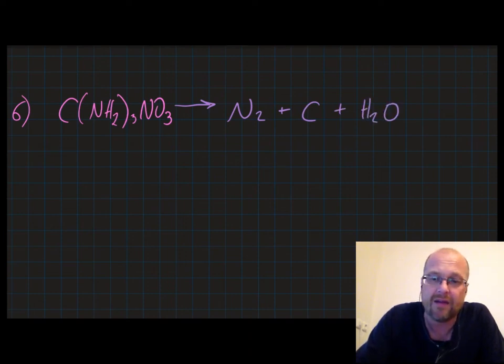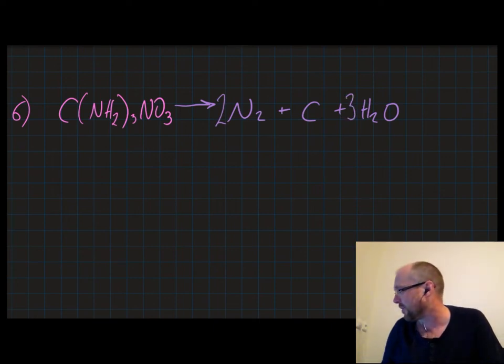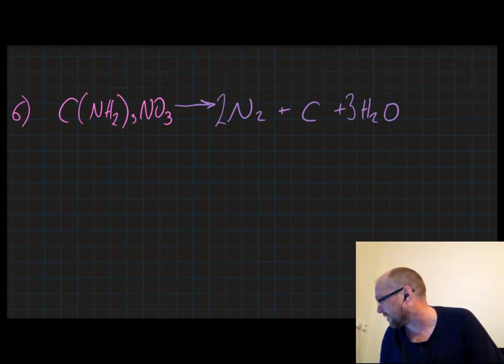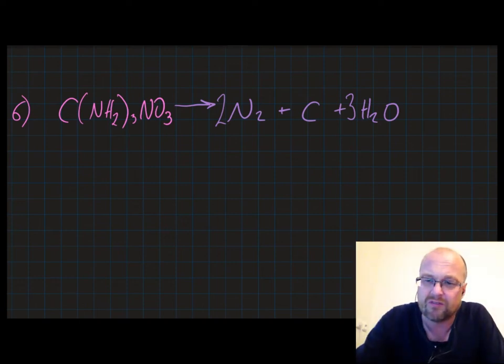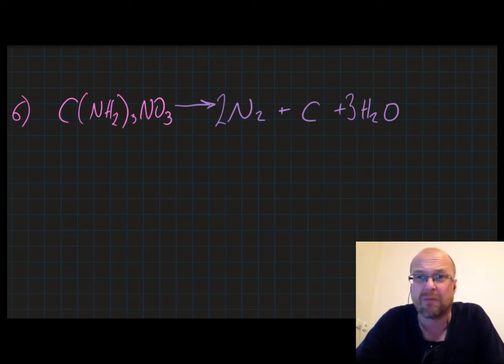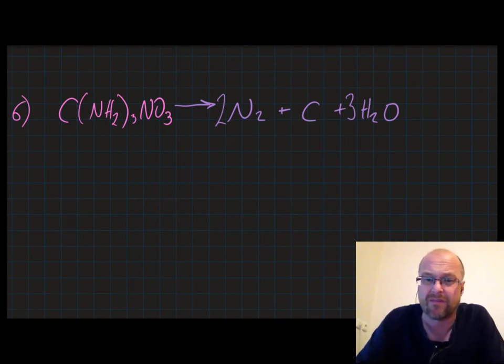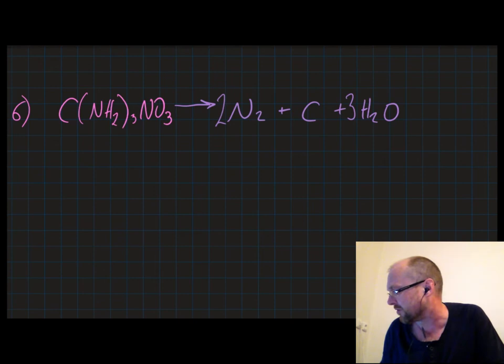To balance that out, I'm going to need a 2 there and a 3 there. Now, even though state symbols weren't needed, the examiner's report complained that some people put C2. There is no such thing as C2. C60 exists, but you're not making Buckminsterfullerene there, are you? Okay, so that's question 6a.